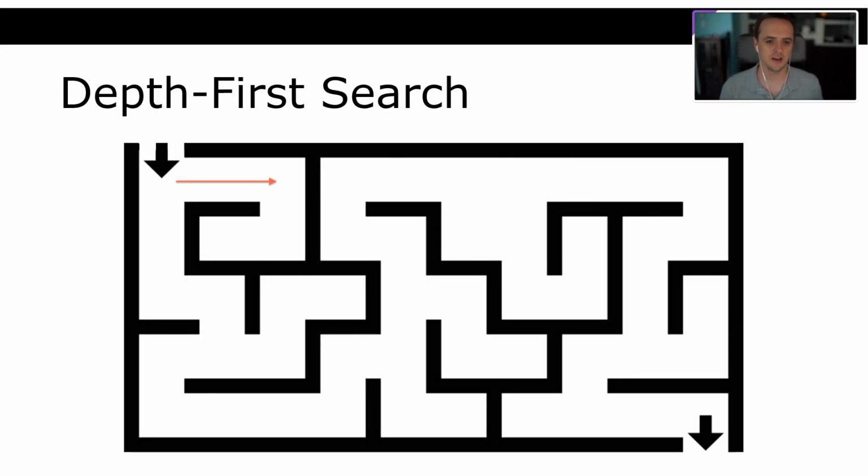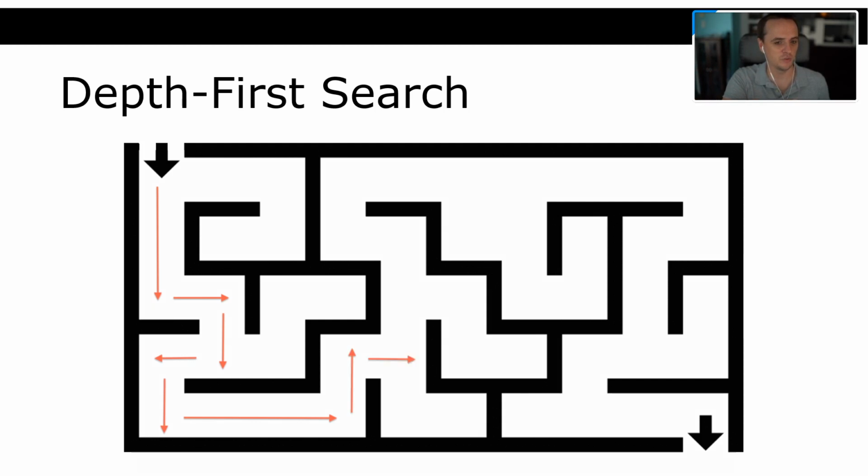If we want to see how depth first search works in practice, a lot of maze solving algorithms are implemented as DFS variants, okay? So here we are basically going down a node until we reach a point we can't go anymore and then moving back, right? So this is what depth first search is going to look like, but it's not necessarily going to give us the correct path.